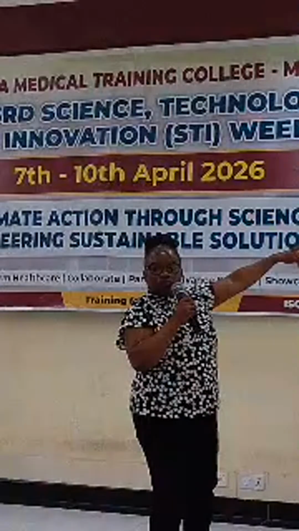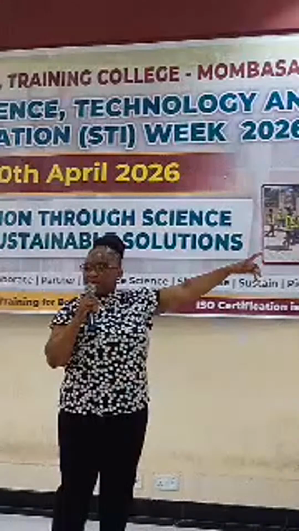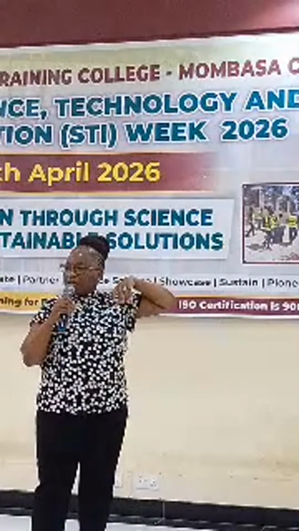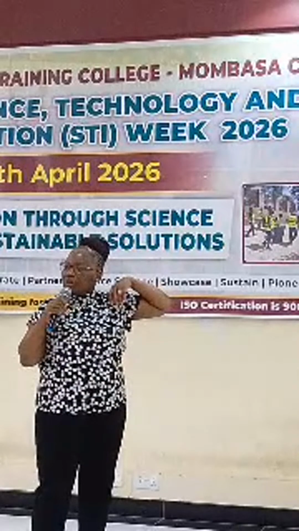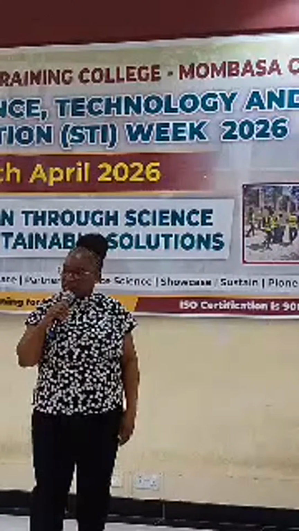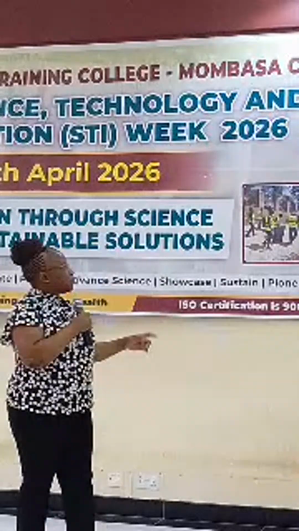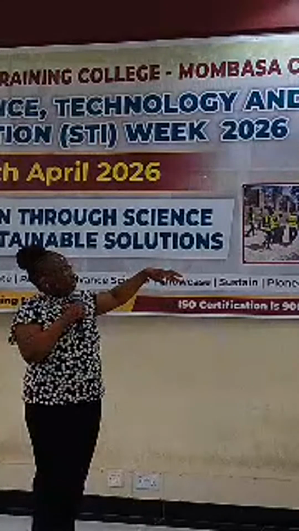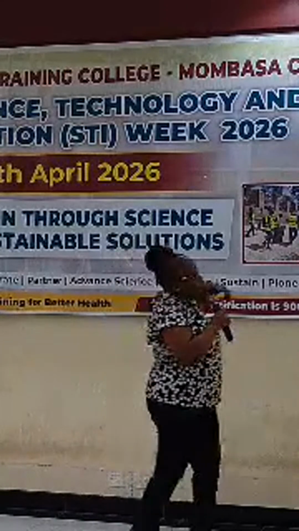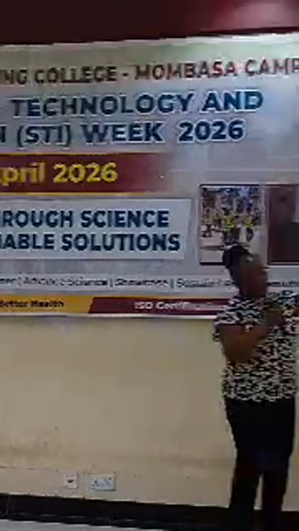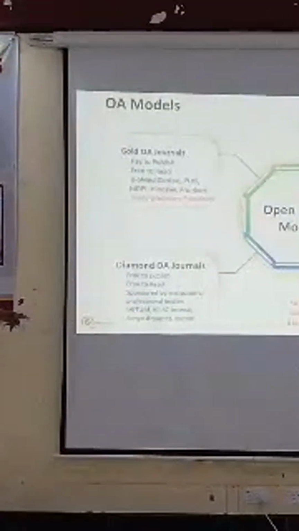But they will charge you to publish. If you're publishing with them, you pay 10,000 sometimes, 20,000, but sometimes even 100,000, depending on the currency. So that is gold. And then we also have what we call diamond open access.